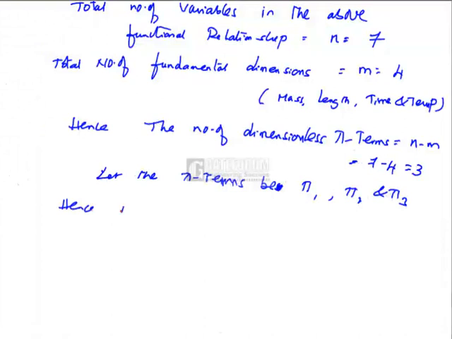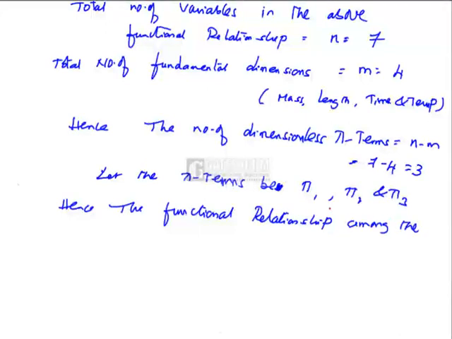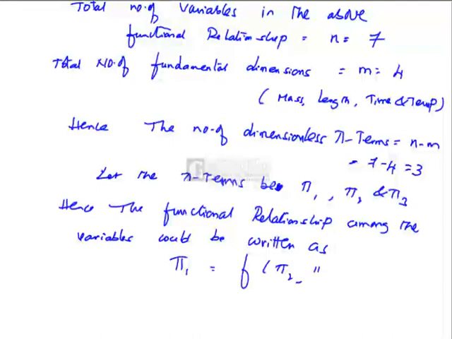Hence, the functional relationship among the variables could be written as pi 1 as a function of pi 2 comma pi 3. This is the use of Buckingham Pi Theorem.